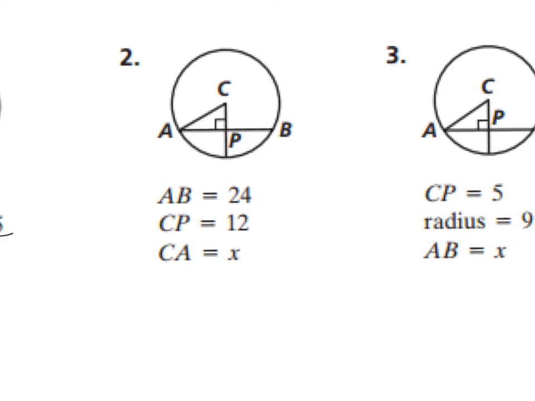And then number 2, we have AB, it's a chord, it's 24. This whole thing is 24. But this segment's perpendicular. It's going through the center. So it means that these two are equal. So this has to be 12, and this has to be 12. And CP is 12.